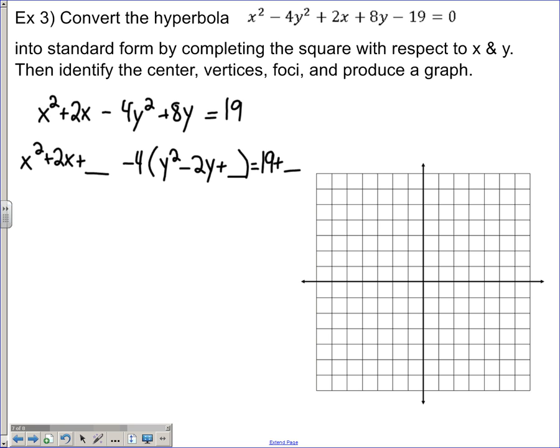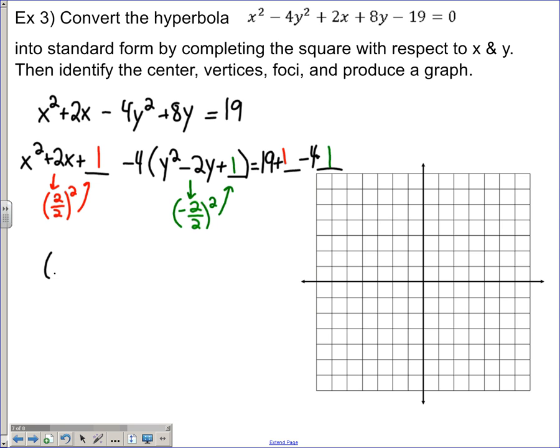So we added one blank with respect to x, and then we subtracted 4 times the blank with respect to y. So if we start to fill these in, 2 over 2 squared gives me 1 squared, which is 1. So our first blank gets filled with 1. Negative 2 over 2 squared also gives me 1. So our other blank gets filled with a 1.